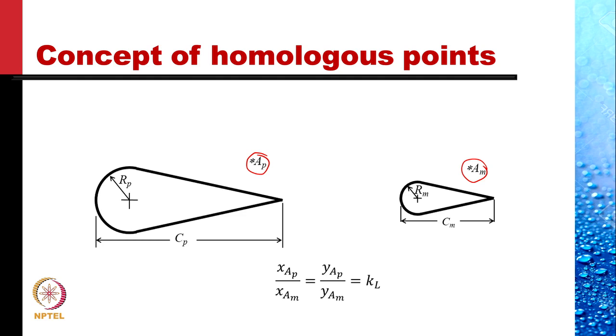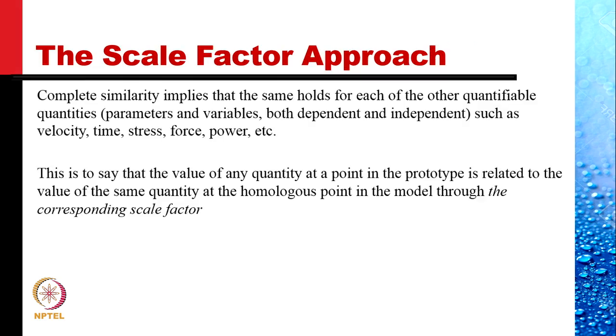These points are known as homologous points. So, from one point in the prototype, we can determine the corresponding location for the homologous point in the model. This will play an important role in later discussion.